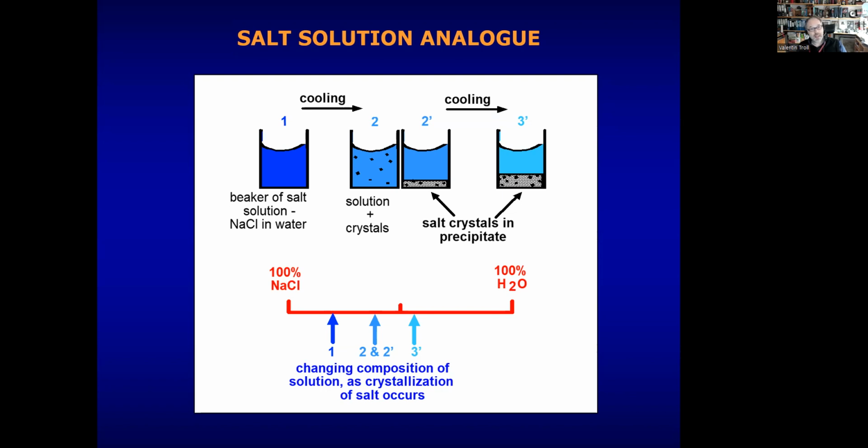It's a very cheap way of making stronger spirits if you want, and it's apparently not very tasty. I've never tried it myself, but you can see that the crystallization separates water and alcohol and therefore creates an enriched liquid. In our magma comparison, it would be high silica liquid that's remaining and a more mafic crystal residue.